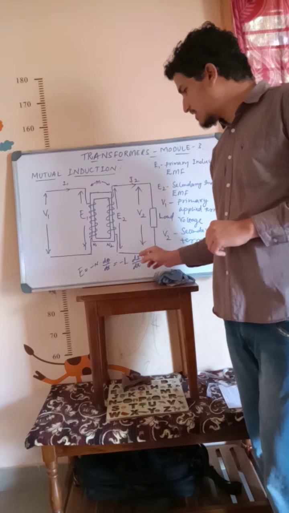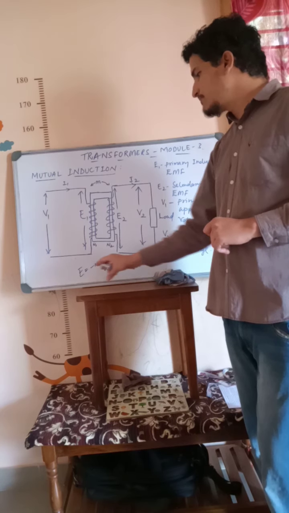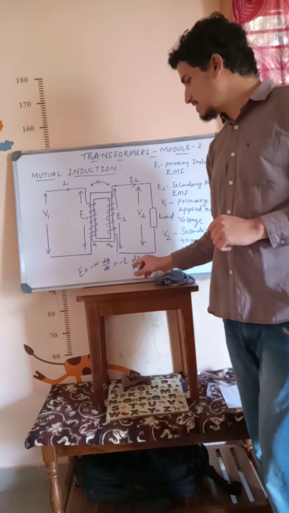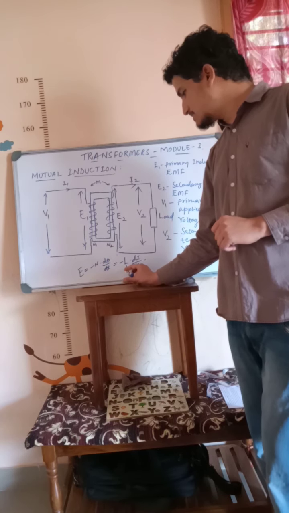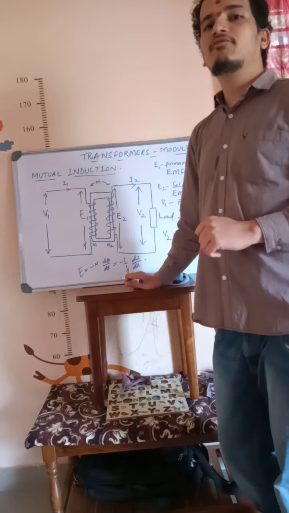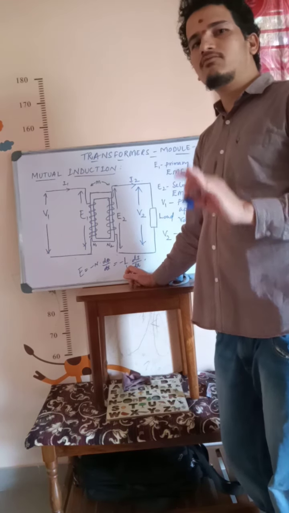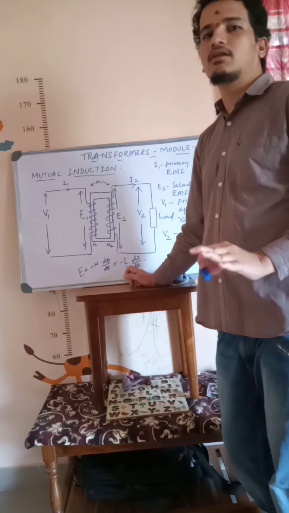Due to this rate of change of current in the coil, an EMF is induced, given by minus L into di by dt. What is this parameter L? L is the self-inductance, or in general the inductance of the coil.